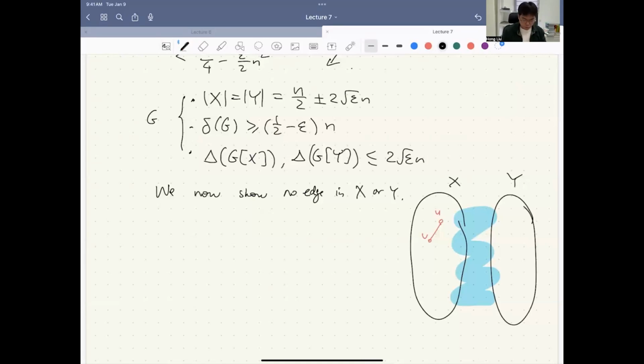Suppose you have an edge, UV in x, forming an edge.